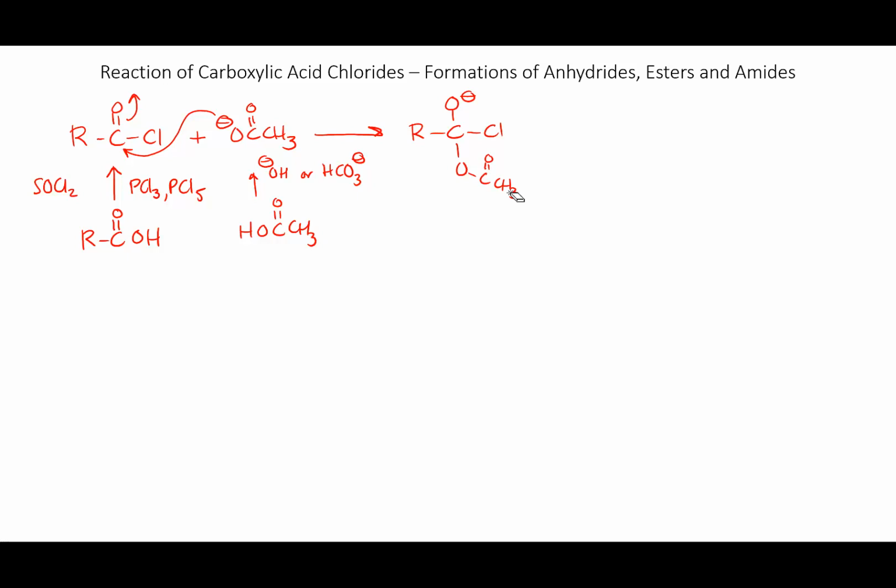Again, whenever we do one of these reactions and we form an O minus, the O minus would love to bring the pair of electrons back down and reform a more stable carbonyl. The problem is that something's got to leave. Well, in this case, what is a better leaving group? Remember, leaving group ability is based on basicity inversely.